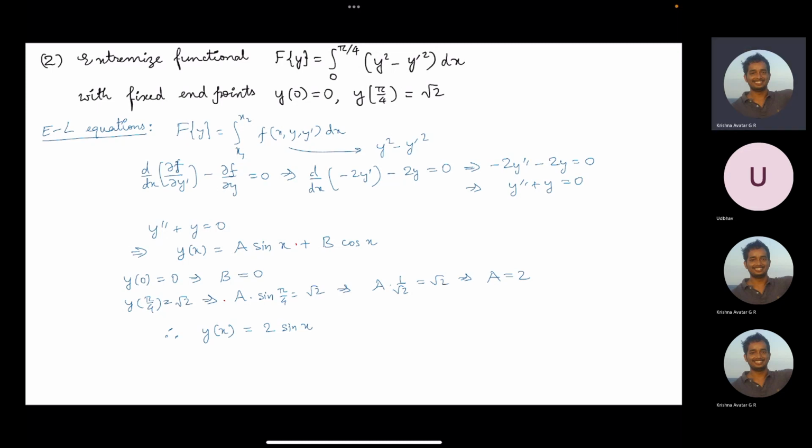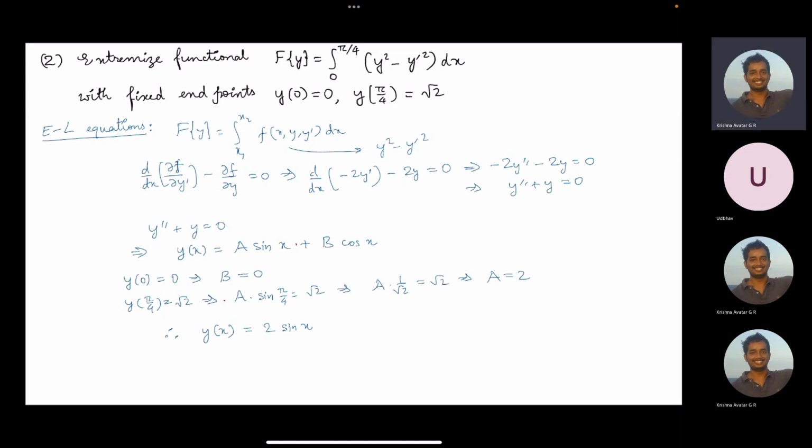Okay, now what we do is we first determine the Euler-Lagrange equation, which you by now very much recall. And from this equation, first we have to substitute the value of del f by del y prime.